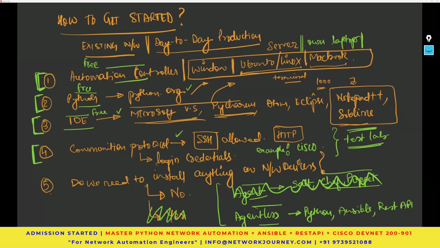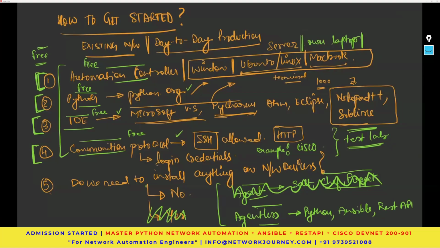Again, it's free. The protocol comes inbuilt. You just need your networking skills to bring up SSH and the connectivity. So this is all freemium or free. You just need the skill set to put them all in one bracket and run the show.